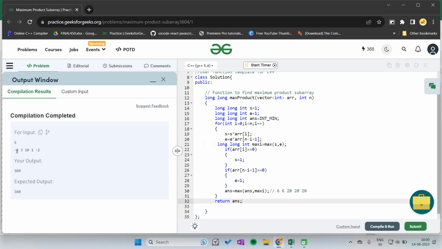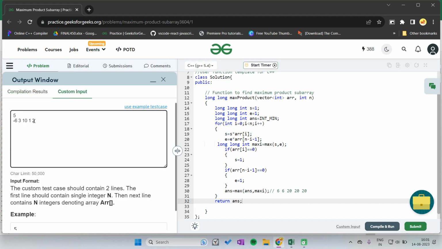So this will ensure that, because if these both are negative, then this will either become positive, or if this is negative, then this will make all the values greater. If this is negative, then this will find the answer, or this is the answer.